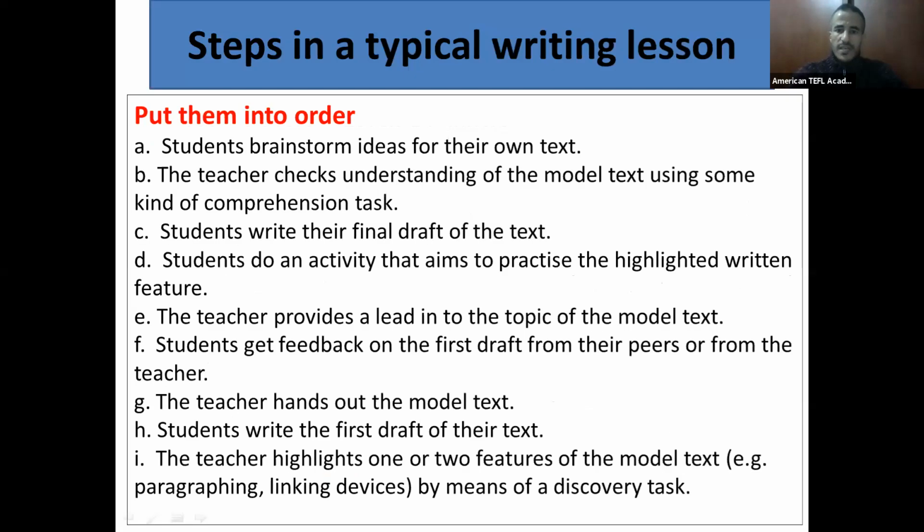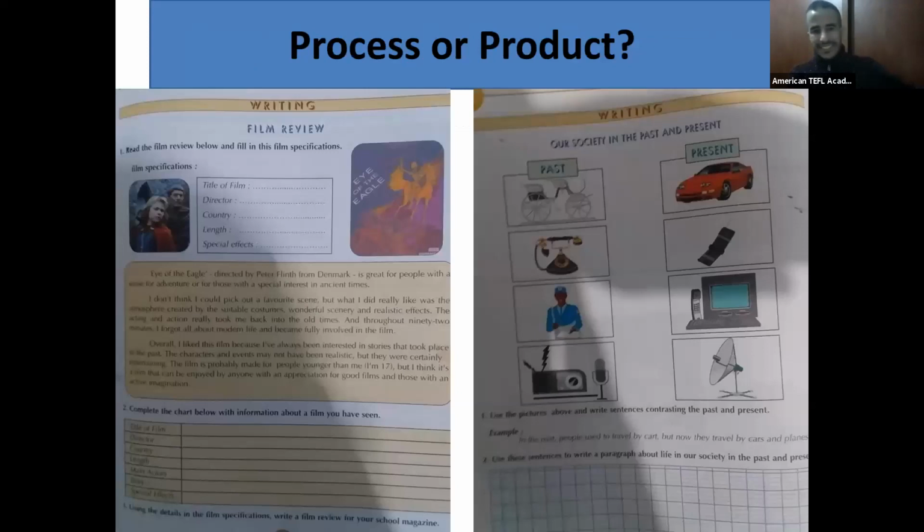So look here. There are two types of writing. You can write, we call it, writing as a process or writing as a product. Now, look, this is a book, a lesson taken from Ticket to English.